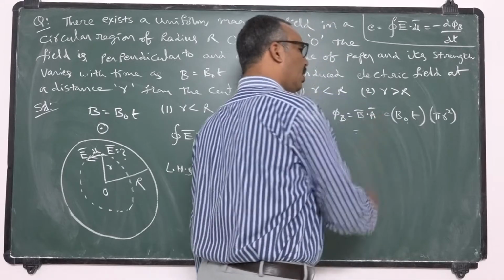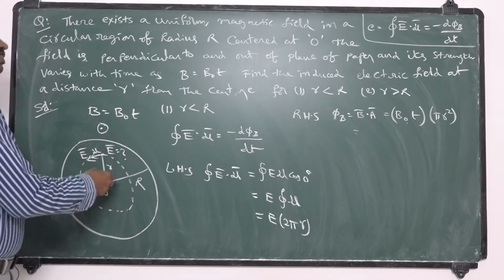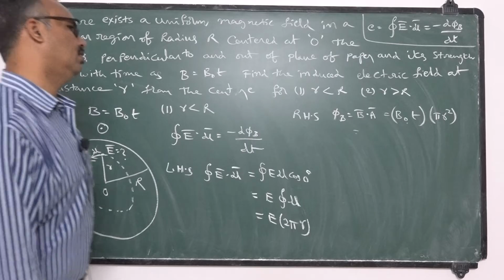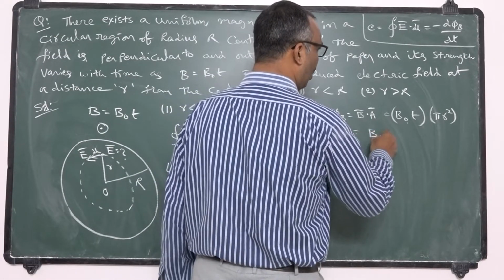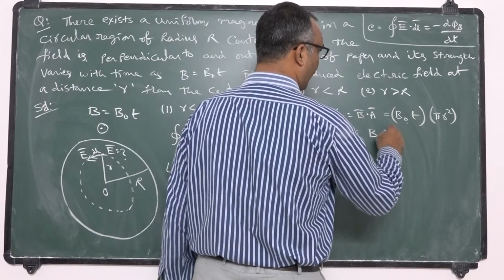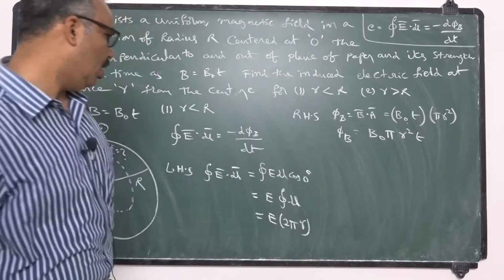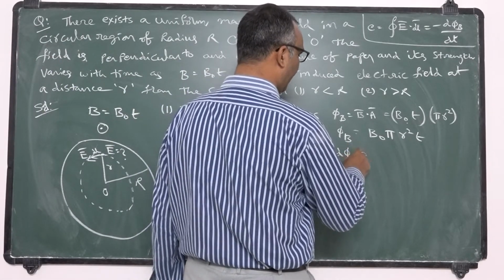Again B bar is out of the paper, and the area of the loop is given by its normal, both are parallel to one another, cos 0 is 1. So phi B is given by B naught pi r square t. We need minus d phi B by dt.